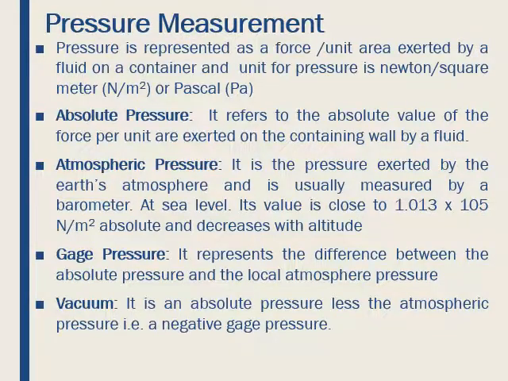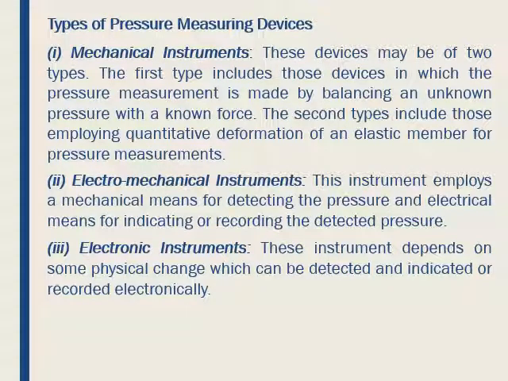The pressure measuring devices can be categorized as mechanical instruments, electromechanical instruments, and electronic instruments. Mechanical instruments or devices may be of two types. The first type includes those devices in which the pressure measurement is made by balancing an unknown pressure with a known force.